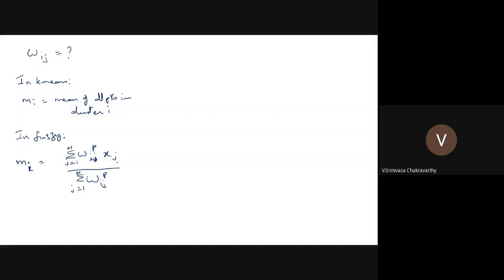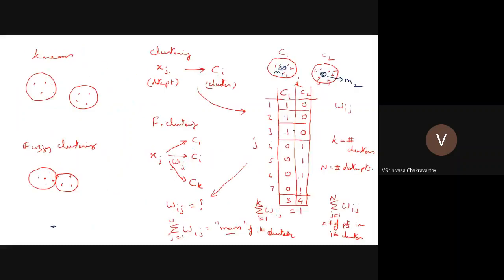So in this summation, I will be only adding up all the points that belong to the ith cluster, or all the points for which the ith centroid is the closest, if I look at it in terms of k-means clustering. Then the denominator, sum of wij to the power p, let's say p equal to 1, is equal to the number of points.